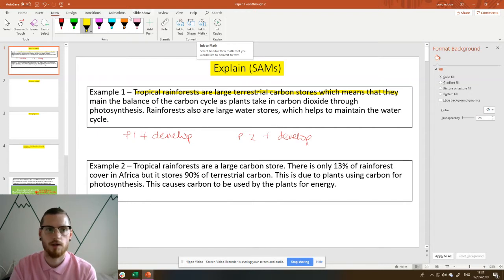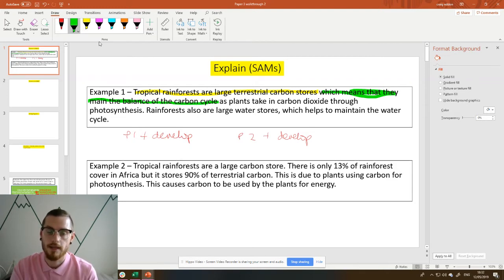Let's just backtrack there. First off, I'm just going to rub that out. Let's start again. Example 1: tropical rainforests are large terrestrial carbon stores. Which means that they mean the balance of the carbon cycle.